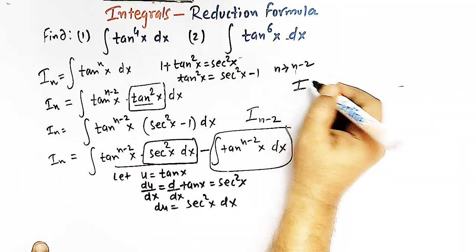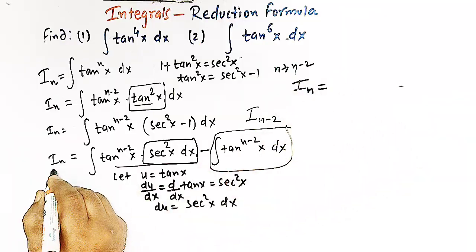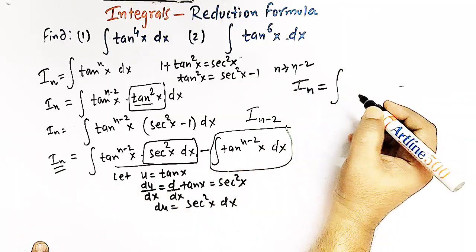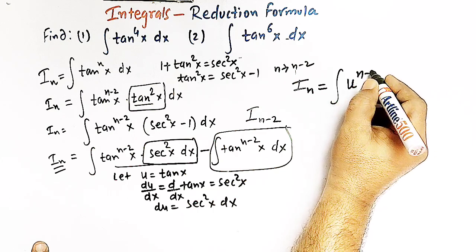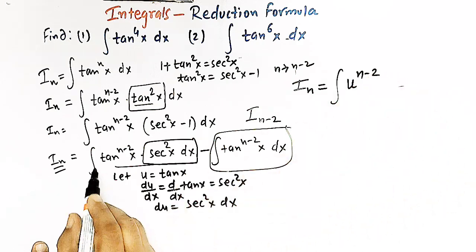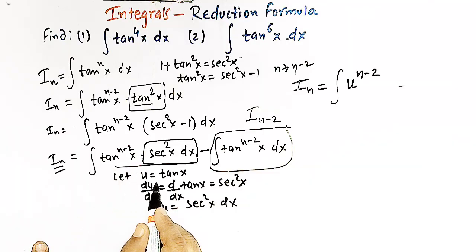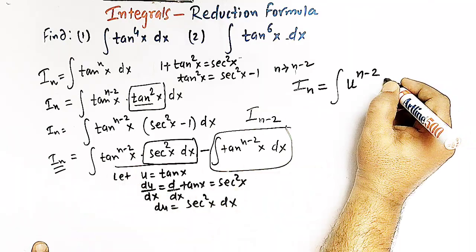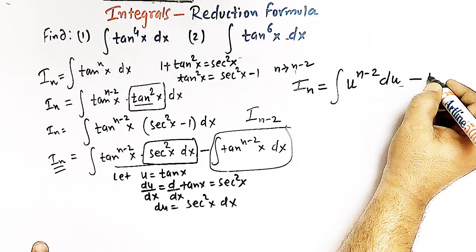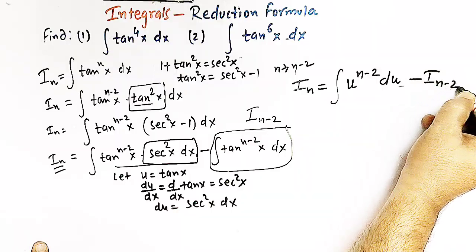So now we have I n is given by the integral u raised to n minus 2, because we are taking tan of x, that is tangent x is equal to u, and here we have a du, and here we have I n minus 2.